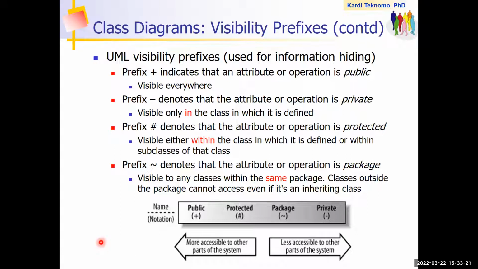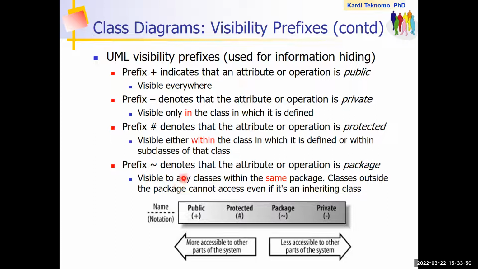Now UML allows what is called information hiding. You want to know whether this method, this object, or this data attribute is actually, what is the scope, right? So you can put plus, minus, hash, and tilde.